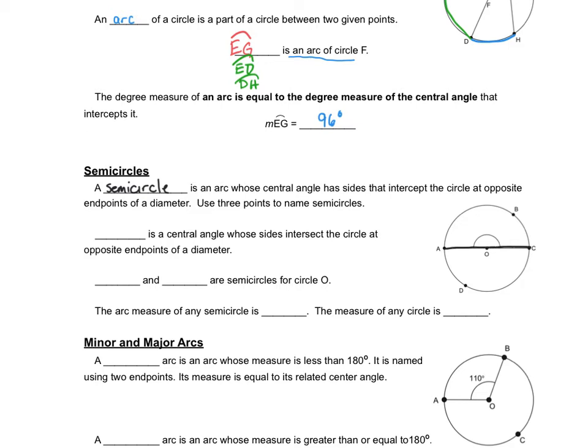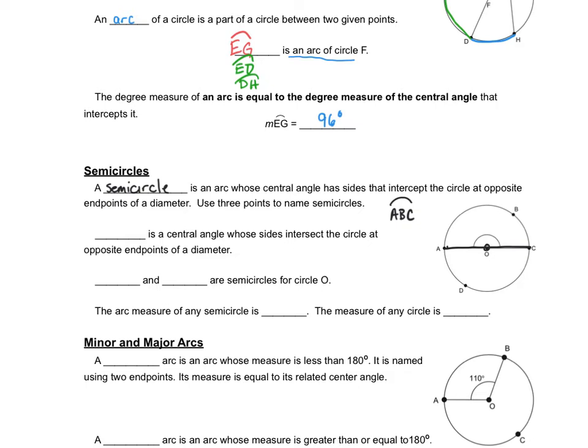That is our diameter, and then you can see that it passes through the center, and it is on opposite sides. So in order to name this, we would want to name it arc. And since it said 3, we could call it ABC, because that would be this arc right here. Boom, right there.